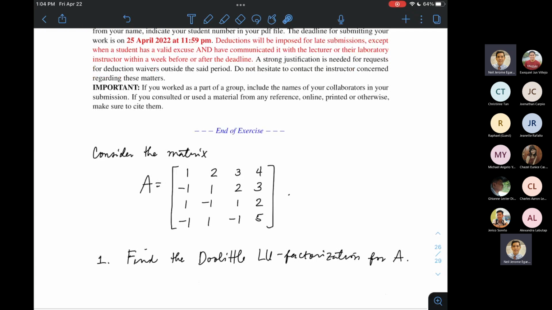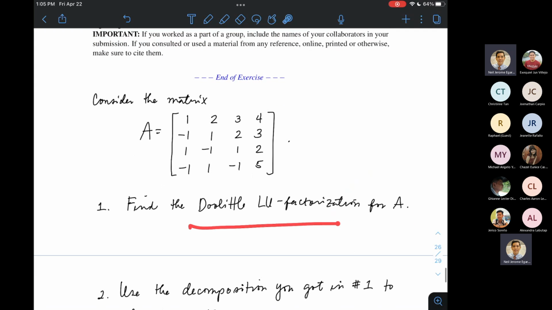Okay. Sorry, super overtime na, but let me just say a couple of words here. I gave you a coefficient matrix A, 4x4. Tapos hanapin niyo yung Doolittle factorization. You can do the Doolittle factorization following the process that we'll lay down today. Use elementary row operations to reduce it to a matrix U. That matrix U will be your upper triangular matrix in the LU decomposition.